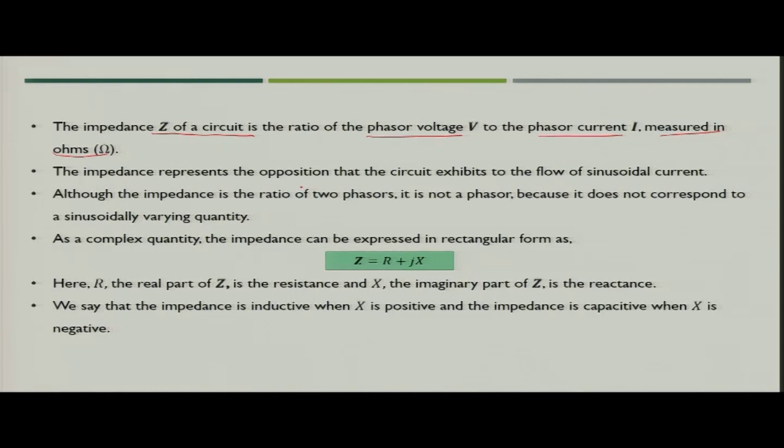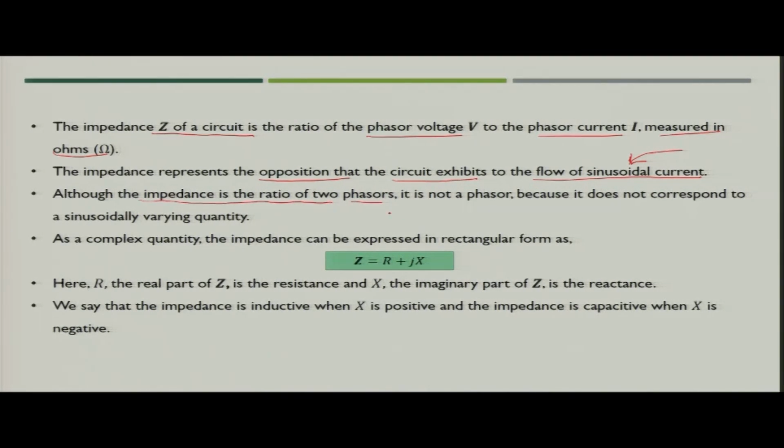Now, impedance represents the opposition that circuit exhibits to the flow of sinusoidal current. So, whenever the impedance term comes into the picture, it means that the circuit is AC circuit and the current is sinusoidal current.